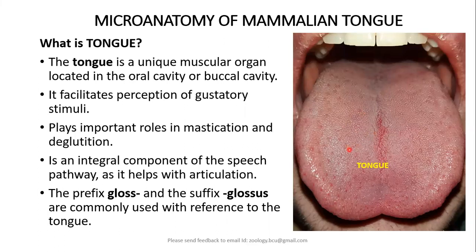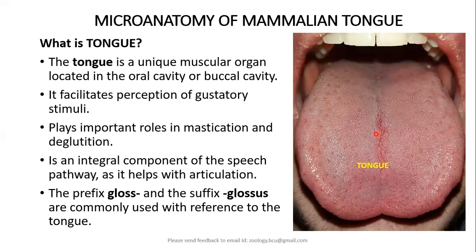It helps us in identifying or tasting varieties of food materials. Apart from this, it also helps in the mastication of food and also deglutition. Deglutition means swallowing, and mastication of food means it helps in chewing the food.